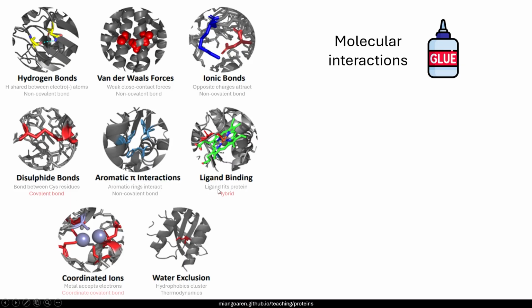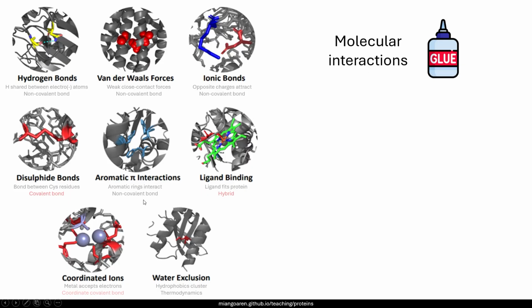Or even the interactions that a protein may have with a molecule that sticks to it, which we usually call a ligand, because some ligands do interact covalently with the protein and no longer tend to separate from it. They remain completely stuck to it, and it is quite difficult to remove them from the protein.